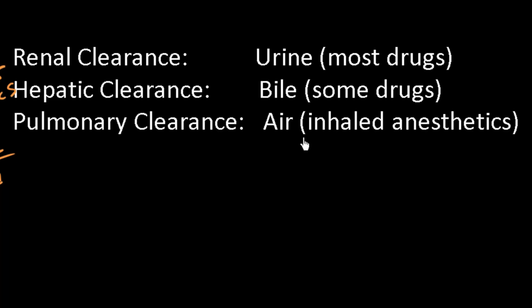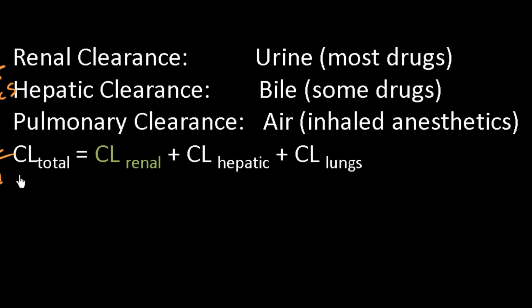And the pulmonary clearance is important for inhaled anesthetics. These are drugs, these are volatile substances that we breathe in, they get access to our brain, and then once we remove the gas, we can breathe out the drugs. And so what's nice here is that the total clearance is the sum of each one of these.